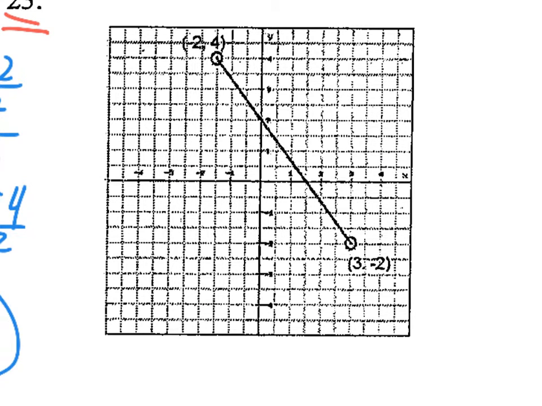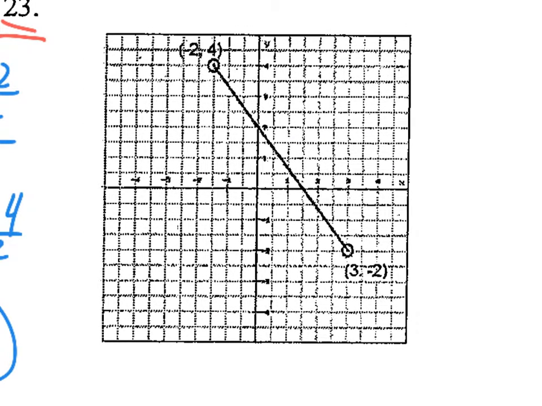For this problem, we have different points. We have points (-2, 4) and (3, -2). We can calculate the slope and the distance by drawing in a right triangle here. In that right triangle, it looks like we're going to go a distance of 6 in the rise and a run distance of 5.